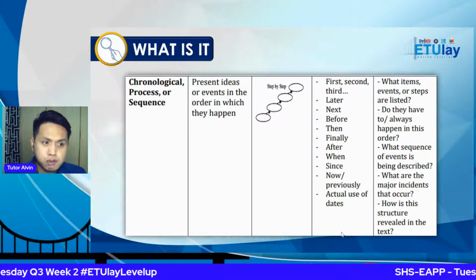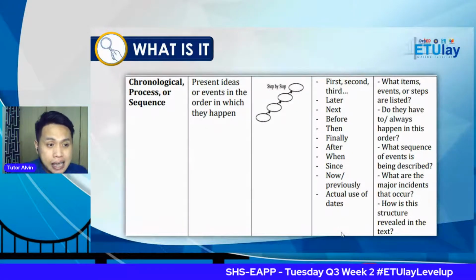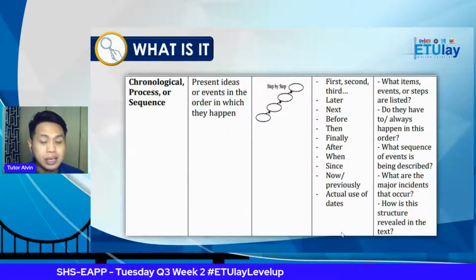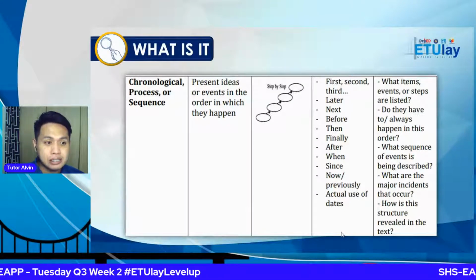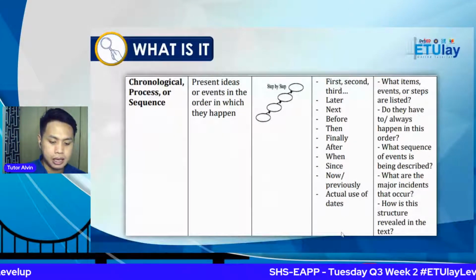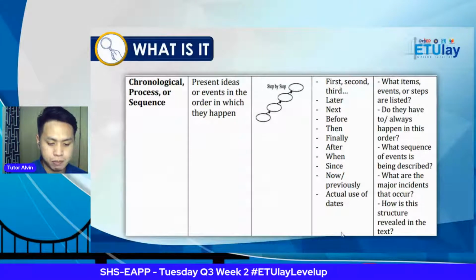So it refers to the time order, which should happen first, second, up to the last. So the chronological order presents ideas or events in the order in which they happen, in an organized time. Remember that.